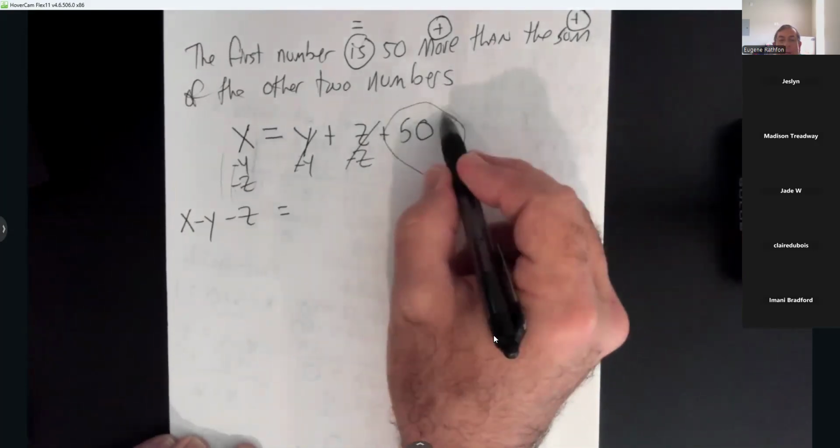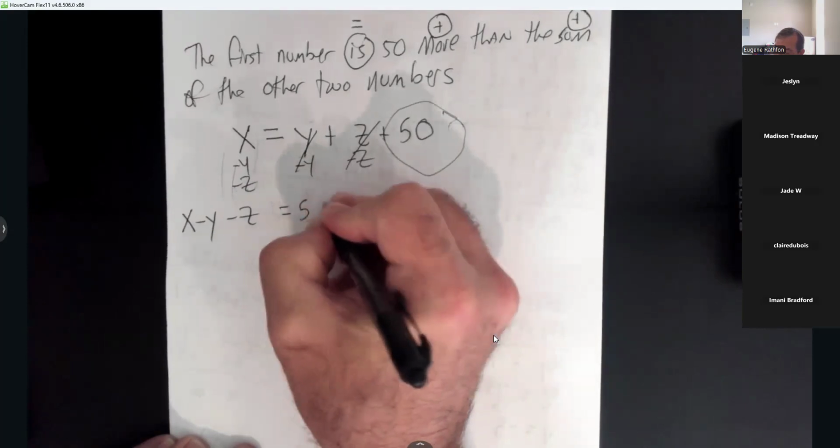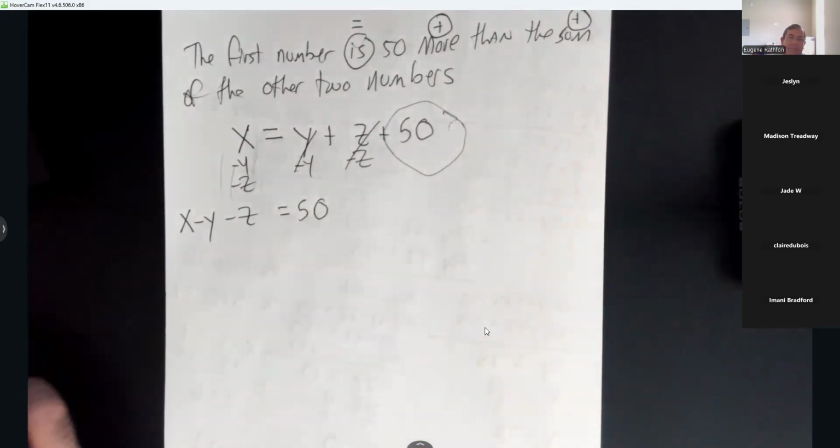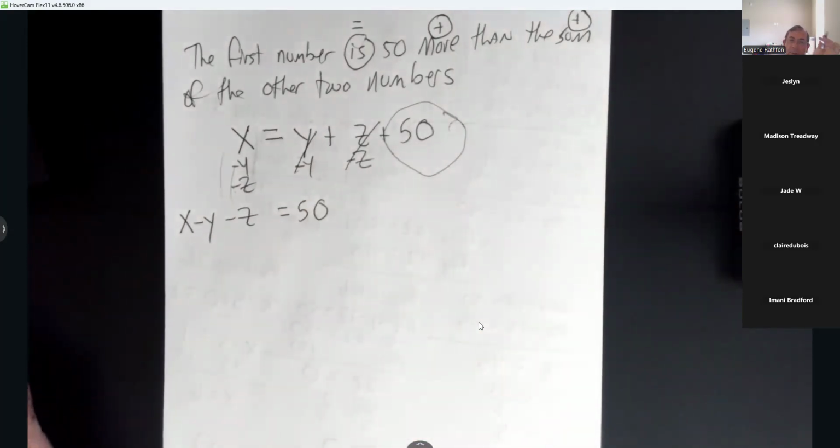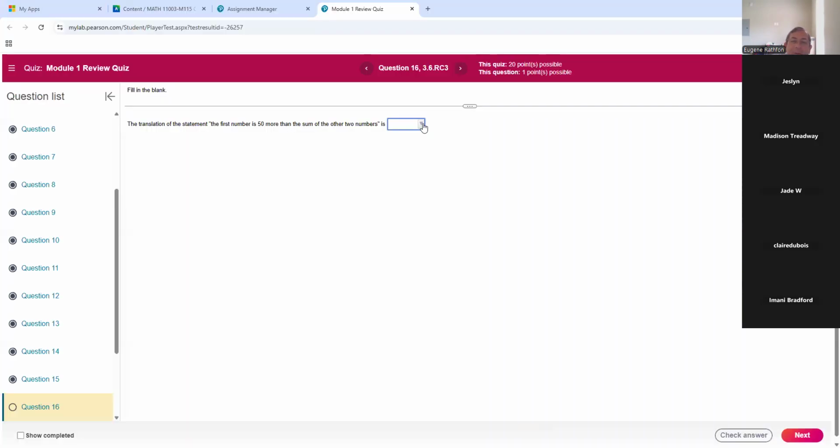Only thing on the right side left now is the 50, okay? So you just sort of got to work it a little bit to get everything on one side equal to the number. So y'all, that's what I'm looking for when I hit this arrow down now. So x minus y minus z would equal 50 would be the second one for me, okay?